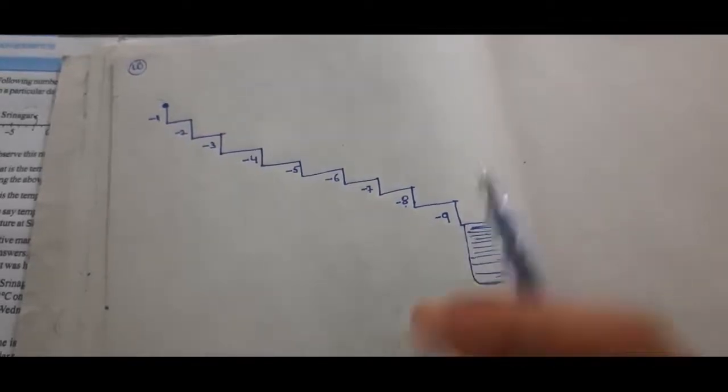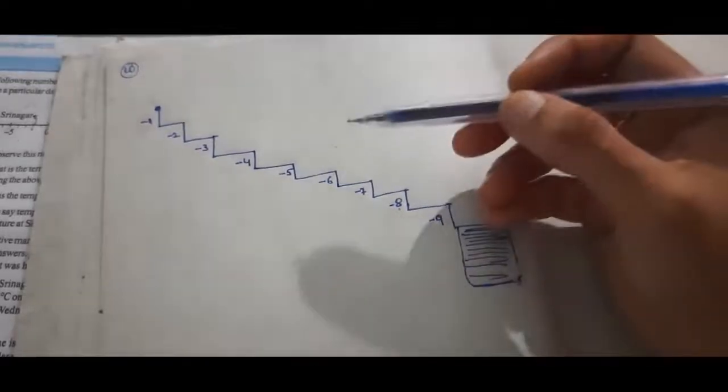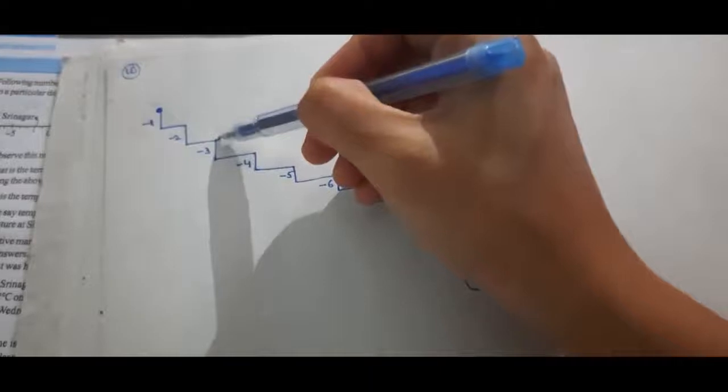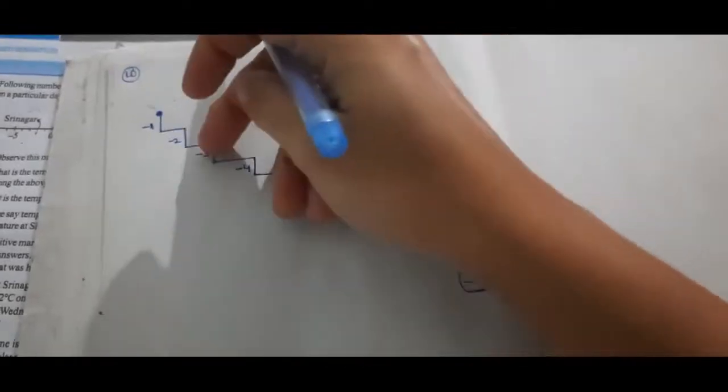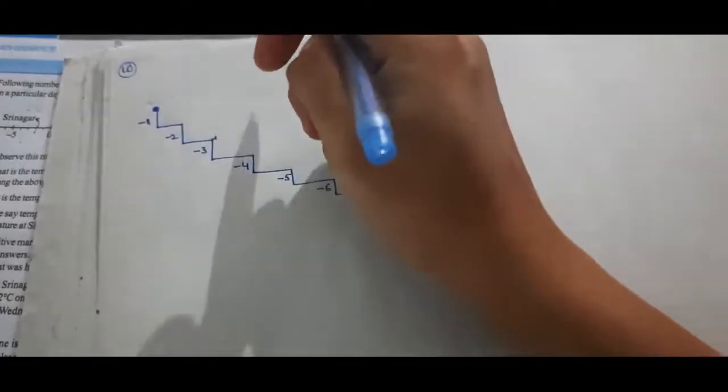If you see, the monkey does not reach it the straight way. In every jump it moves 3 steps down and then 2 steps up. That is alternate movement. This is how the monkey reaches the water level.